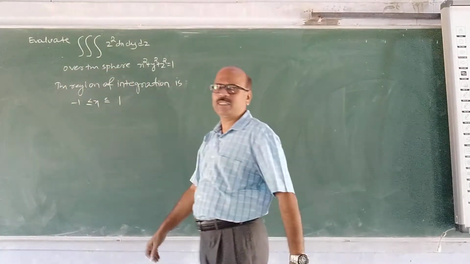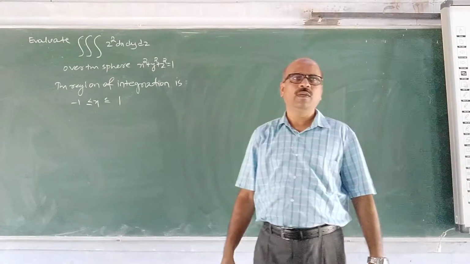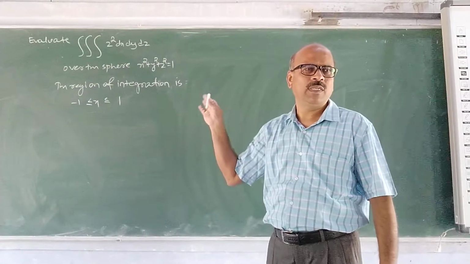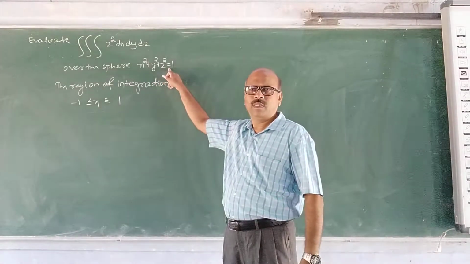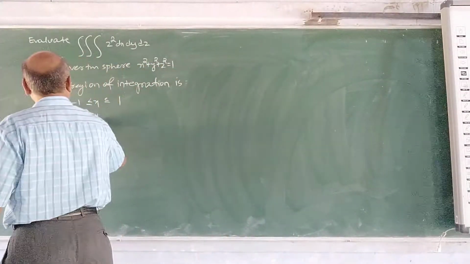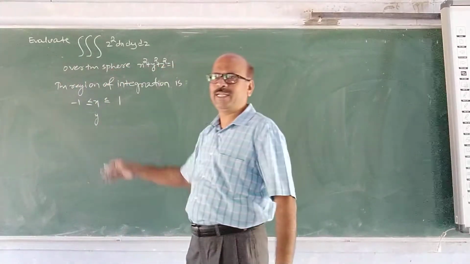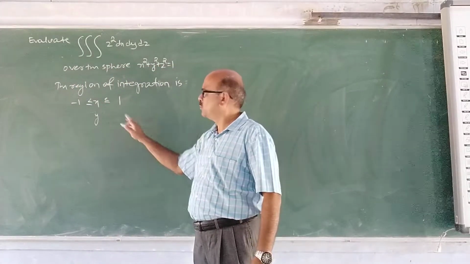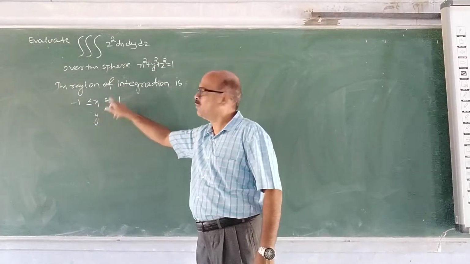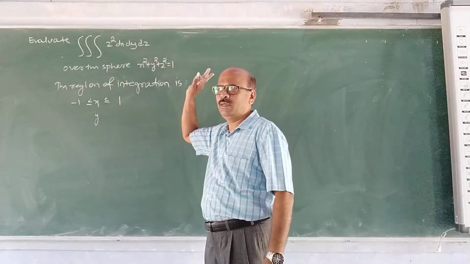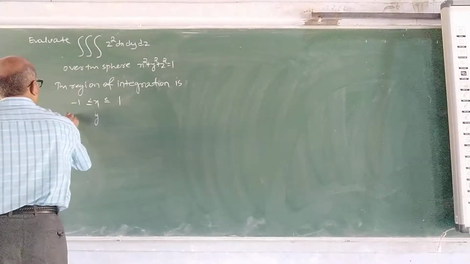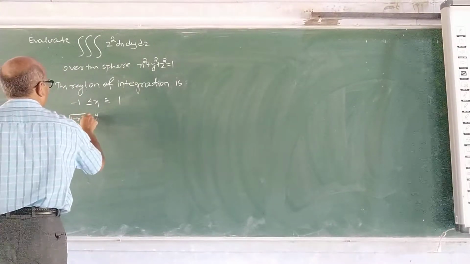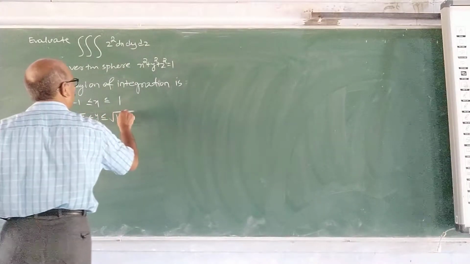X varies from -1 to 1. You can understand, no? X varies from -1 to 1 because radius is 1 now, not a. What is the corresponding value of y? Y means first we consider the xy plane. In the xy plane, x varies from -1 to 1. What is the corresponding value of y? Z is 0, you have to take in the xy plane. Minus root 1 minus x square to plus root 1 minus x square.